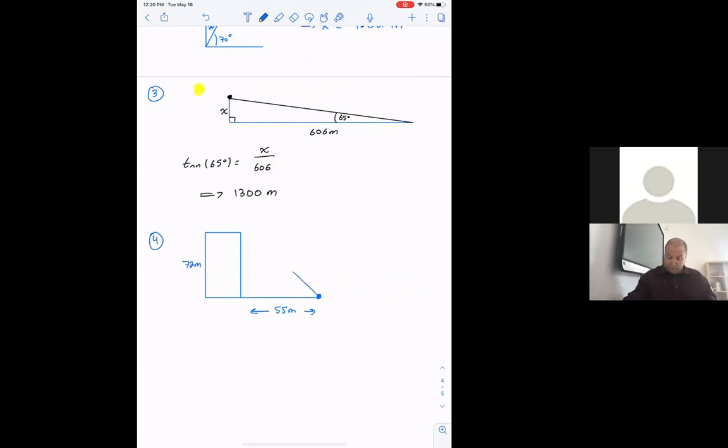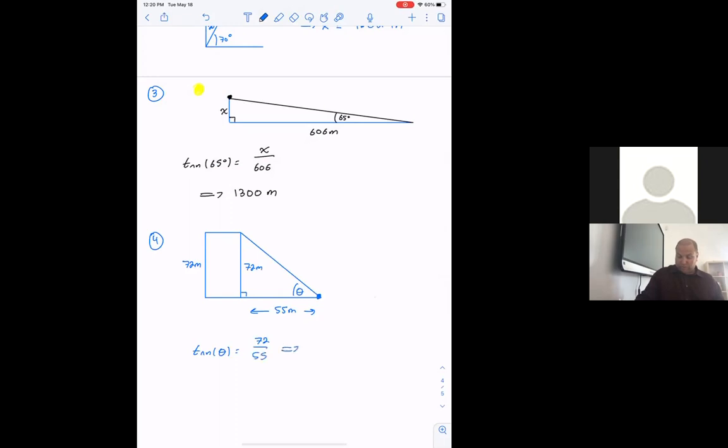So presumably they want the angle of elevation to the top. So they want to know this angle here. They want theta. I put 72 meters on the other side, but it certainly can be on that side as well. So the angle, adjacent, opposite, tangent again. Tangent of theta equals opposite over adjacent.